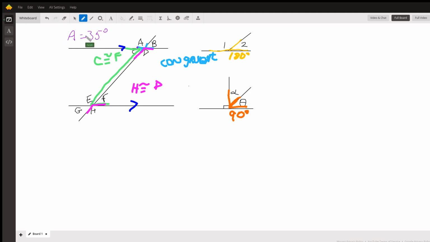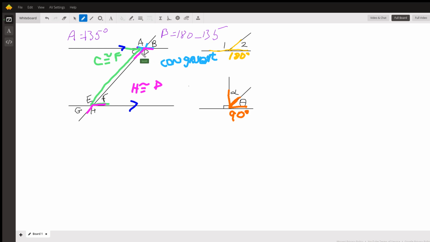Let's make that 135 so it looks at least reasonably like what's there. A and B are supplementary, so you can say for that B equals 180 minus 135.